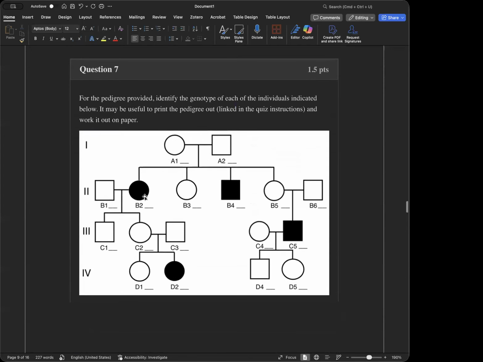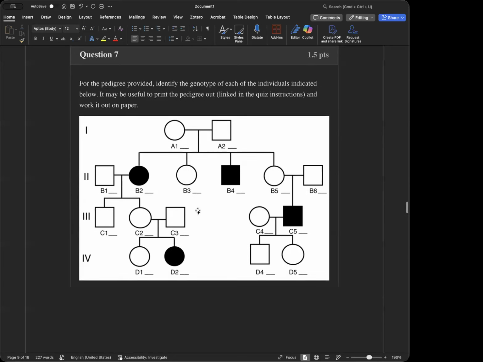Because we have some individuals here that are affected, they have to have both affected alleles if it's a recessive, or they have to have at least one if it's a dominant.